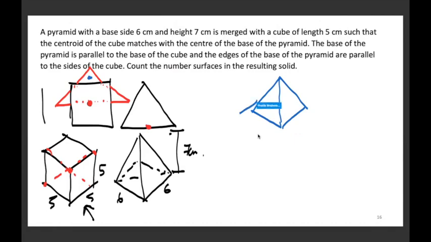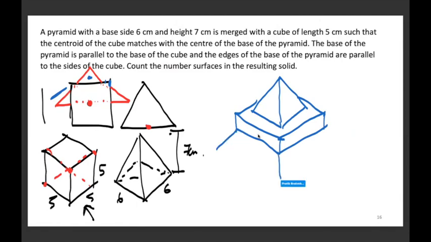Followed by that, I will see the 5 centimeter edge of the cube, which is this one. Followed by that, this vertical, which will be here. Followed by that, I will see the slant edge, which will look something like this. And followed by that, I will see the base, which will come here.